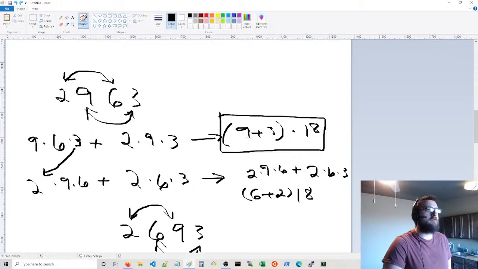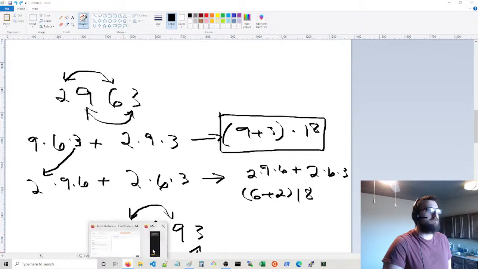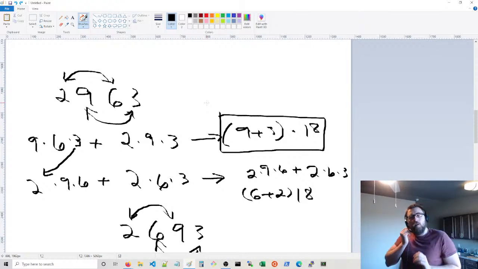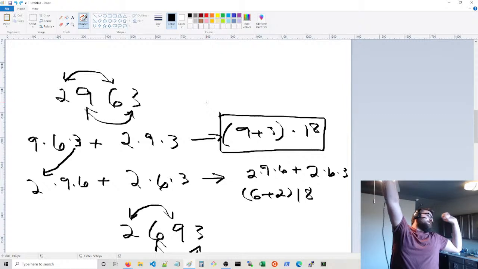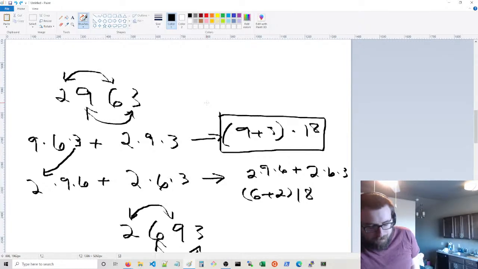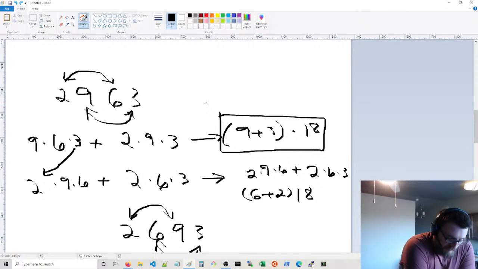And the reason is that you have multiplicative factors. Because you're multiplying each of these pieces, it's best to just take the absolute maximum.